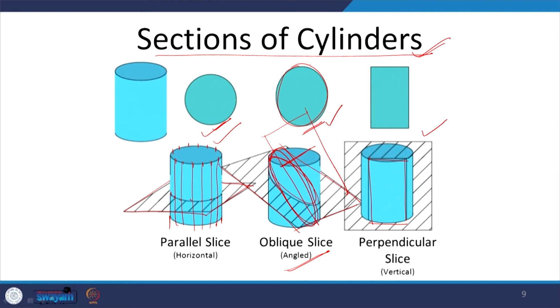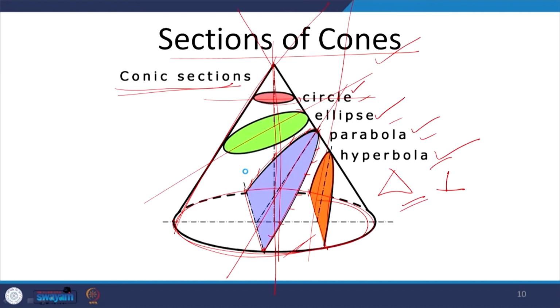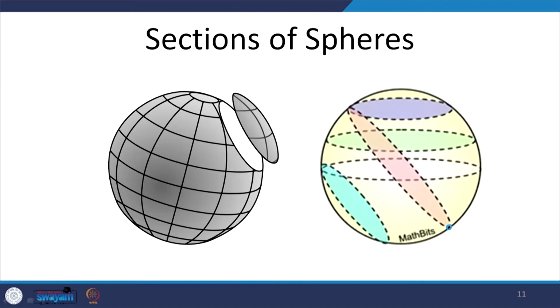So if it is an ellipse and we have inclined it, we have these 12 points, or whatever number of points, and these varying heights which give us the shape of the ellipse. Similarly in a cone, if we have 12 equal parts or whatever number of equal parts and we make the generators like this, we will be getting varying heights along these generators.